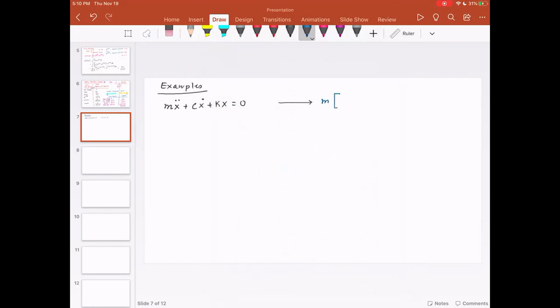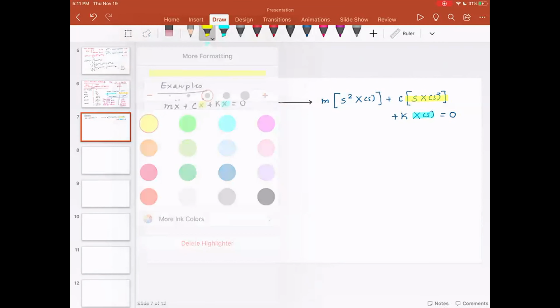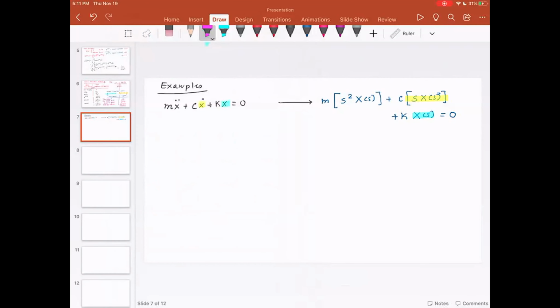This becomes s square x of s plus c s x of s plus k x of s is equal to 0. I want you to note that x dot became c s x of s, and x double dot became s square x of s.